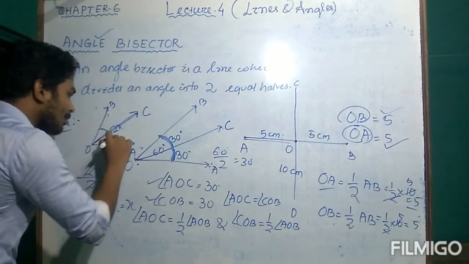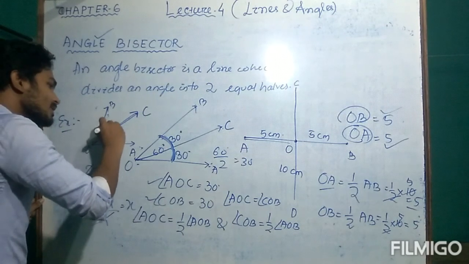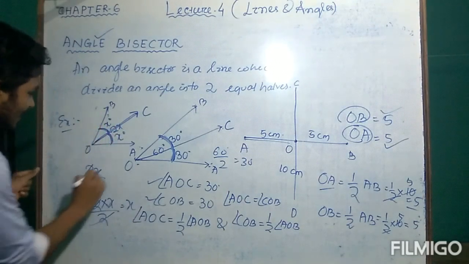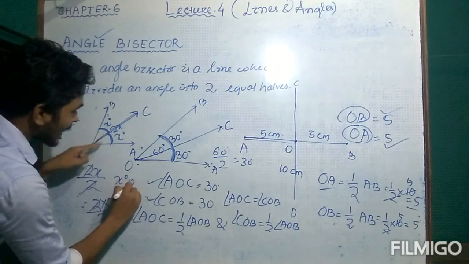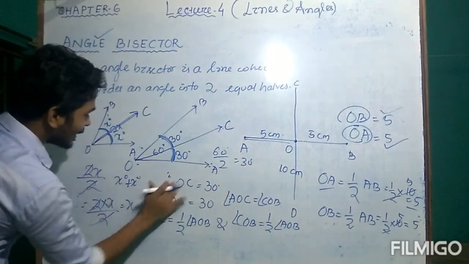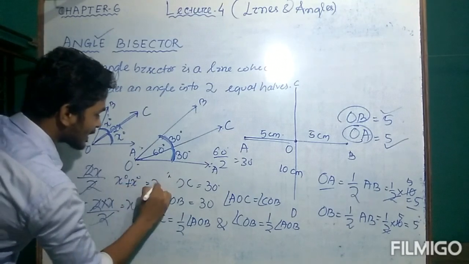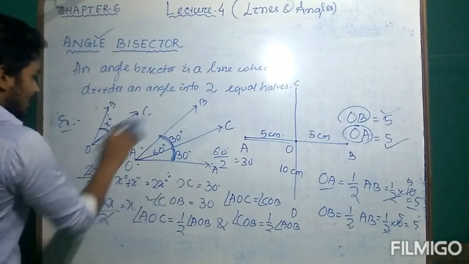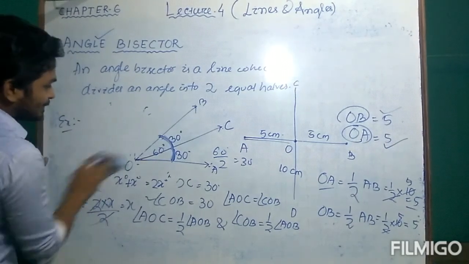So each half is equal to x degree. This is also equal to x degree. So when you add these two angles, x degree plus x degree, then what do you get? You get the total angle, that is x plus x, 2x degree. Right? Let us take an example.